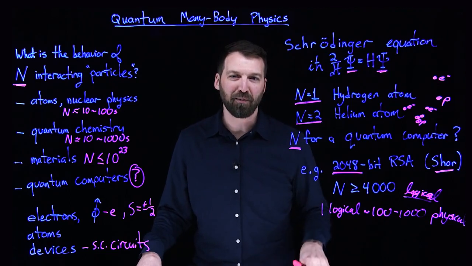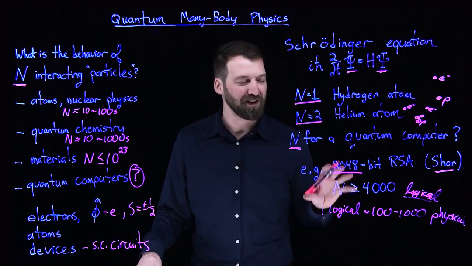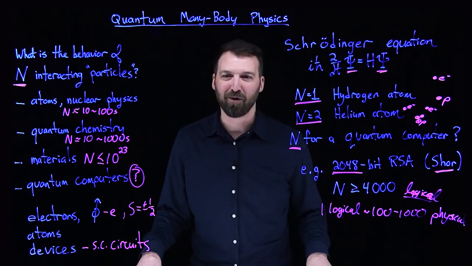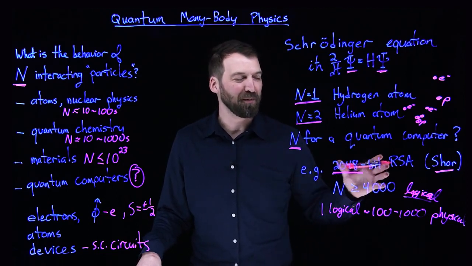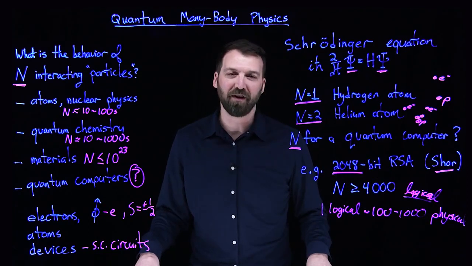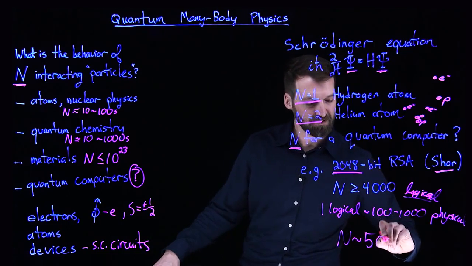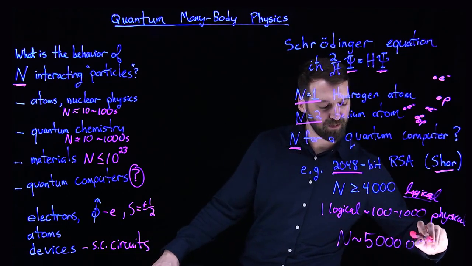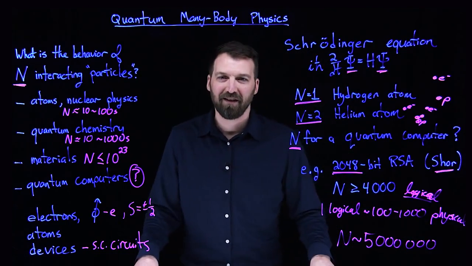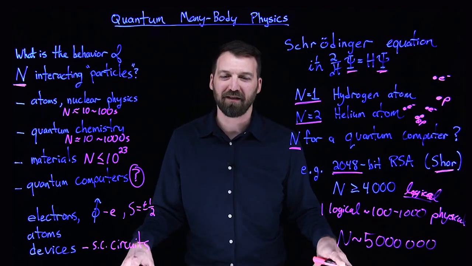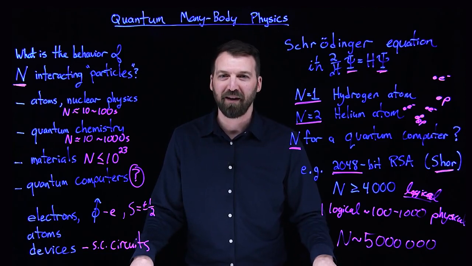So the quantum many-body problem that we're going to solve for a typical case of a quantum computer that's implementing Shor's algorithm for 2048-bit RSA is somewhere in the vicinity of, say, 5 million. So this is the essence of the quantum many-body problem as applied to quantum computers.